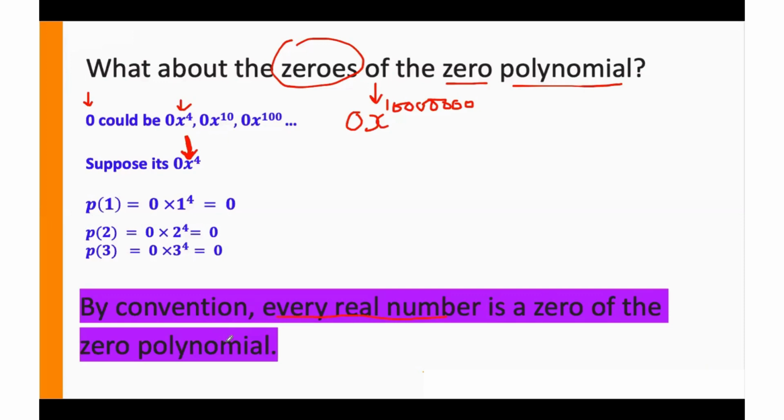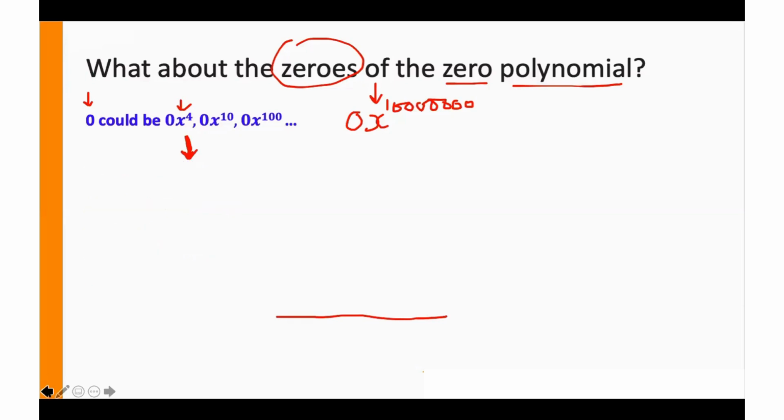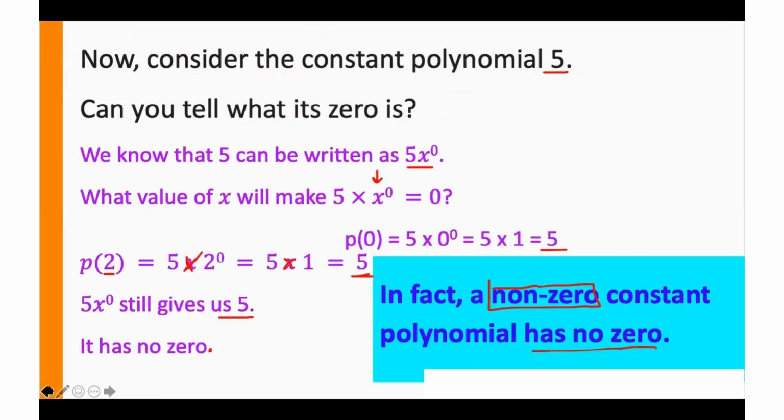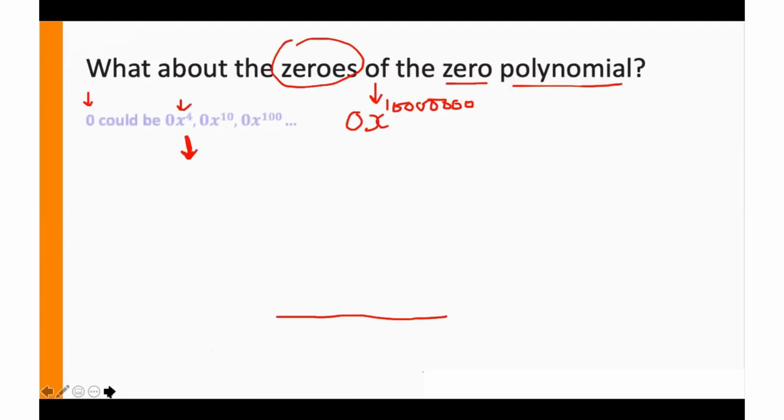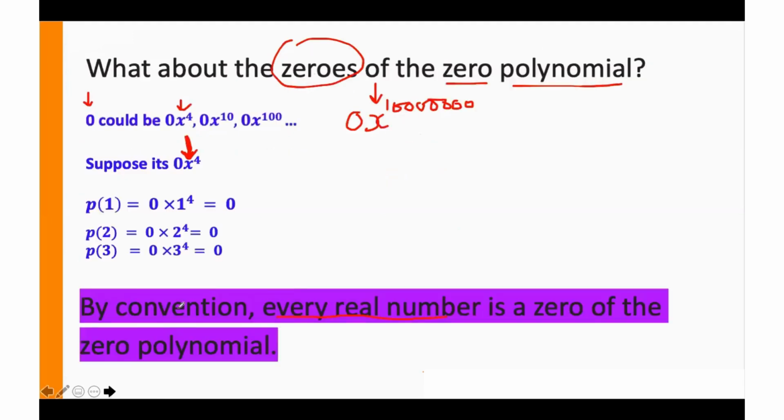Now that's interesting because any non-zero constant, as we have looked in the previous slide, has no 0 at all, because no value here in x makes this polynomial 0. It will always remain 5. So it has no 0. However, for a 0 polynomial, every real number is its 0.